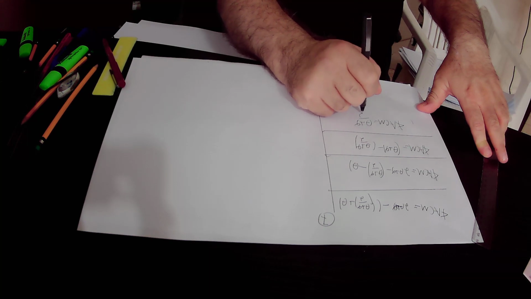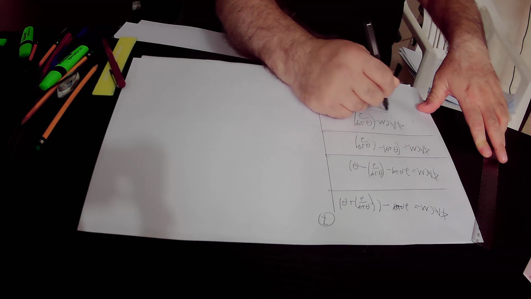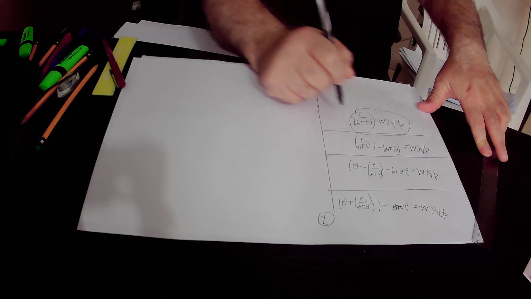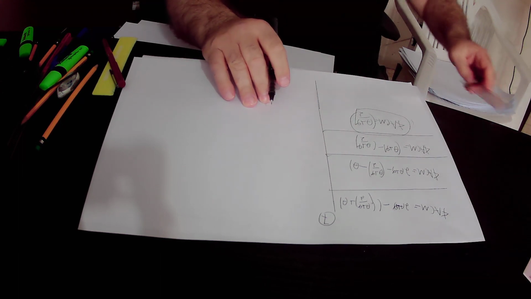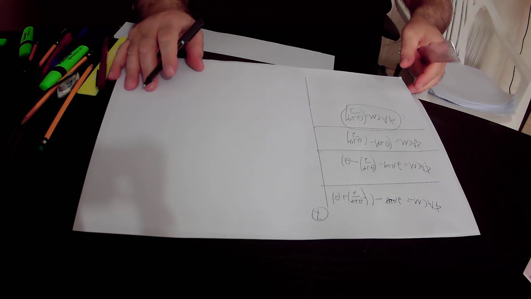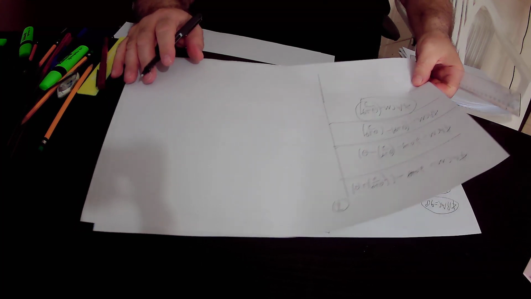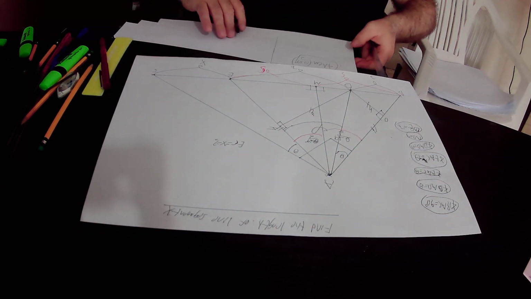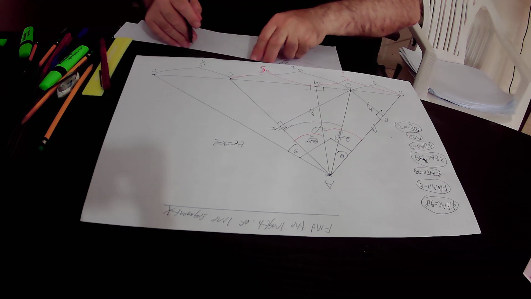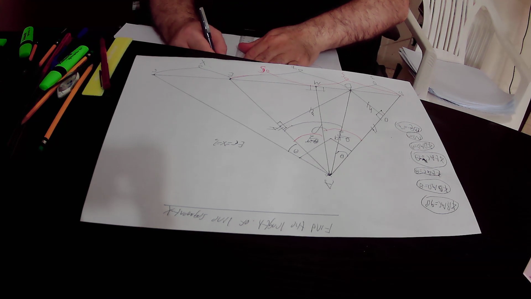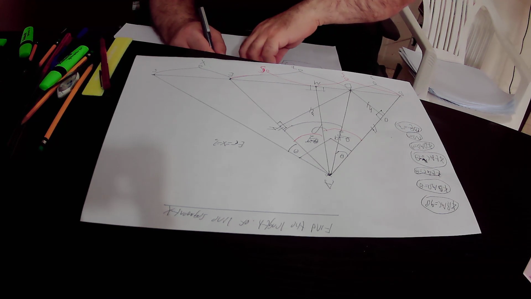Now I'll copy the right triangle ACM here, and we will put the value of angle ACM inside the triangle. So we have the right triangle MAC.